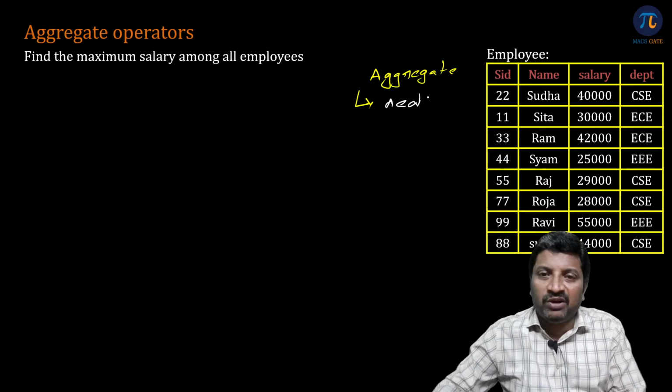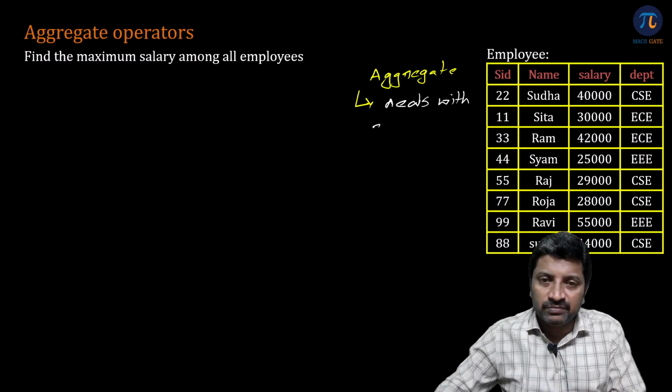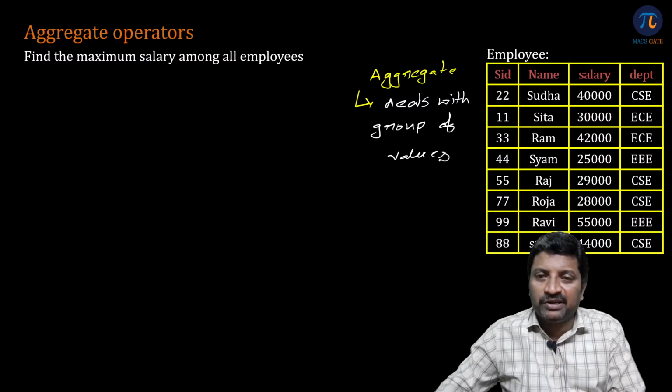So it is not a value of a particular record. It's a value related to a group of values, or a group of records. You can say either.